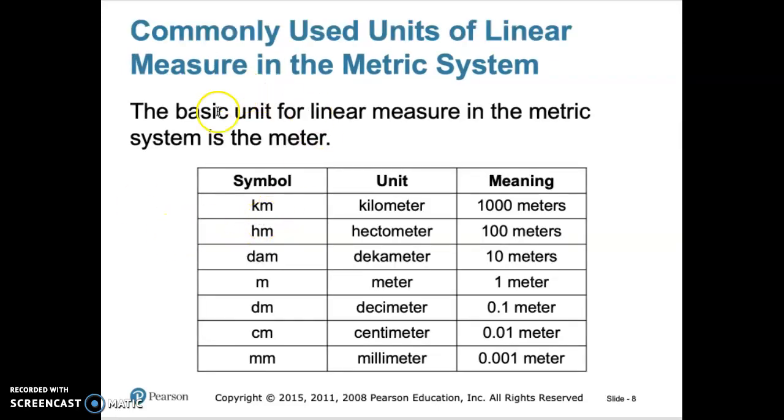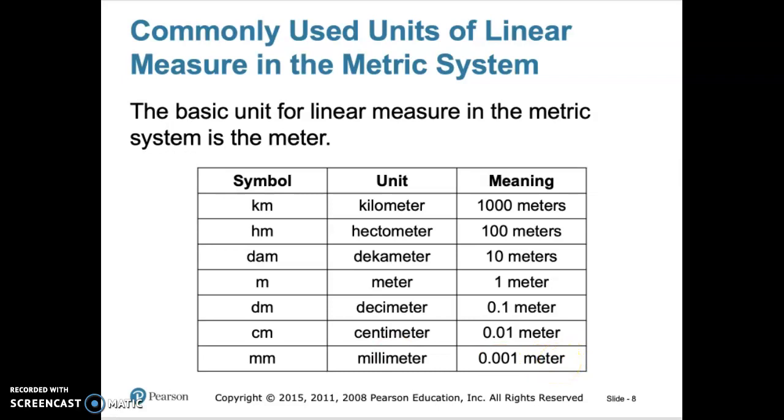So what this is telling me is that 1 kilometer is equal to 1,000 meters. 1 hectometer is equal to 100 meters. 1 decameter is equal to 10 meters, and so on, right? Down here, 1 millimeter is equal to 1/1000th of a meter.